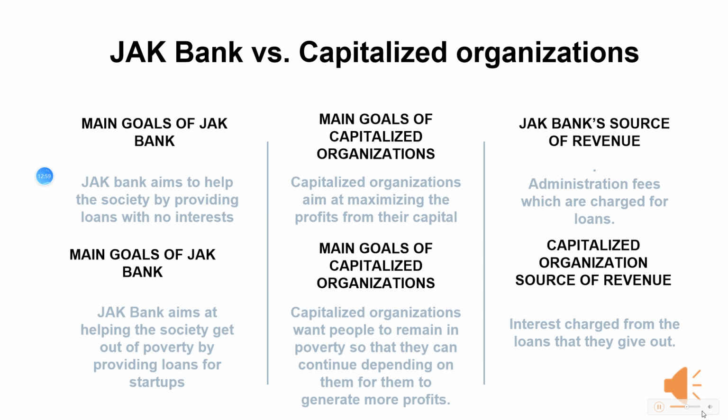This makes JAK Bank an intermediate space in which those who have been economically excluded due to the restructuring processes of the capital economy can be integrated back into the mainstream economy, giving them a chance like others.